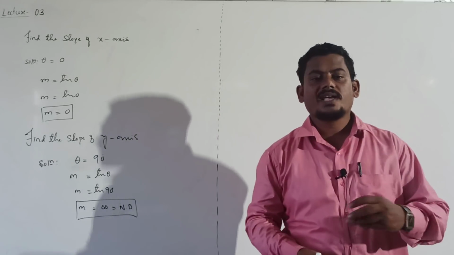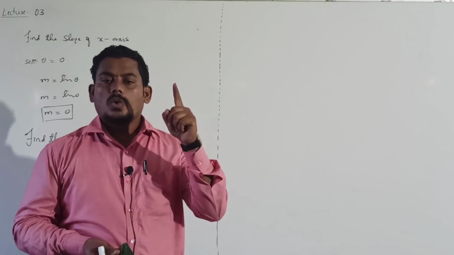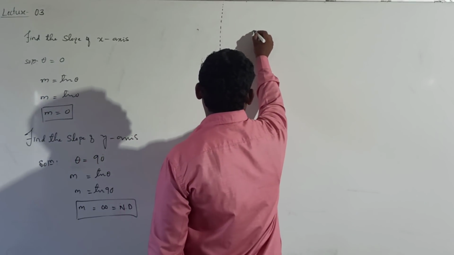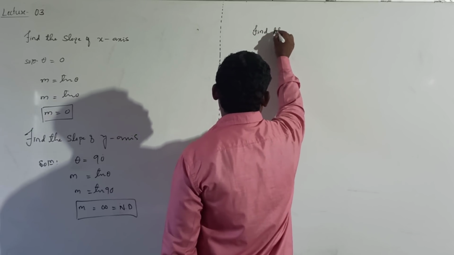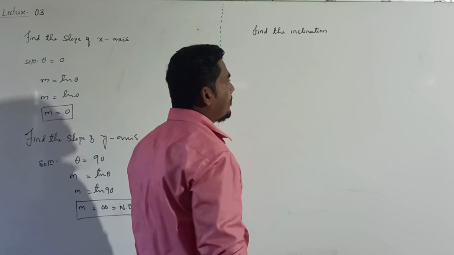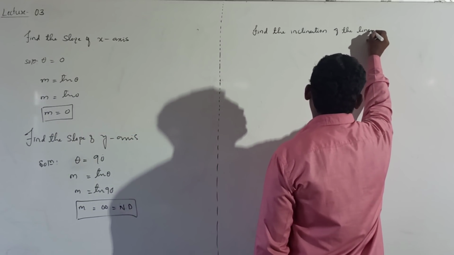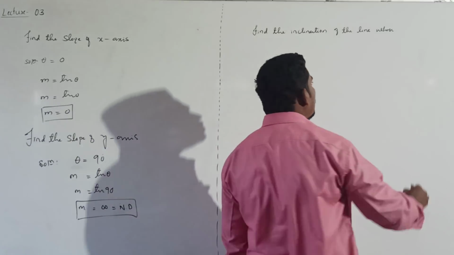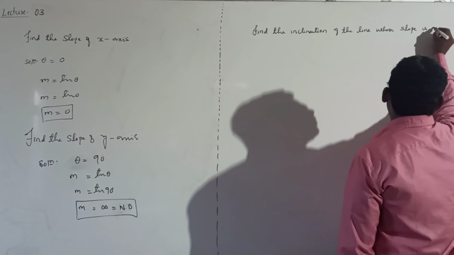One more type of question. Find the inclination of the line whose slope is minus 1. It is just the reverse.